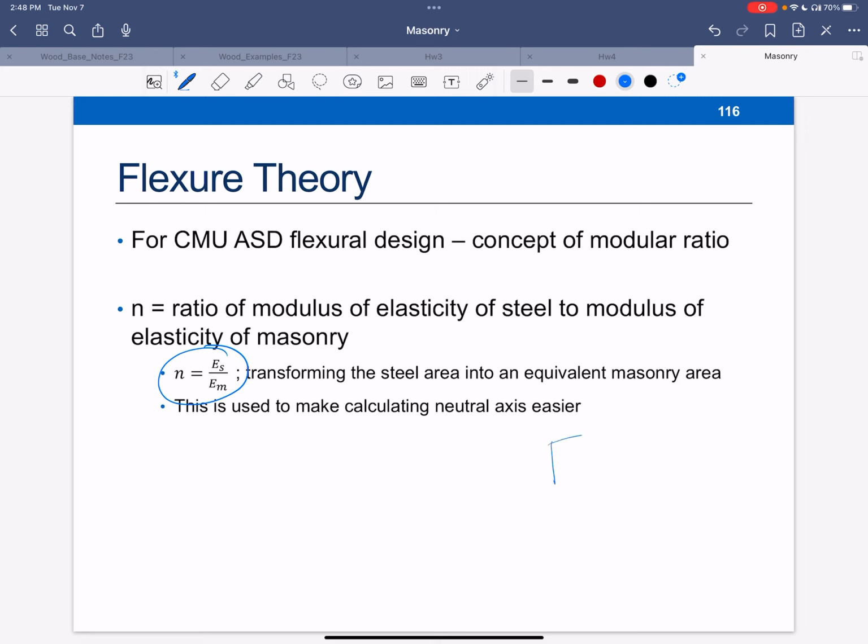So if here's my masonry, I can't count this in tension. I've got this block of masonry and this bar of steel. I'm going to transform that steel so that I end up with compression masonry and equivalent tension masonry. Okay. We do this to figure out where the neutral axis is.